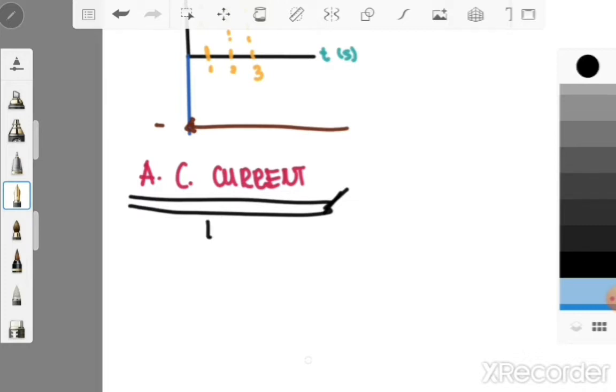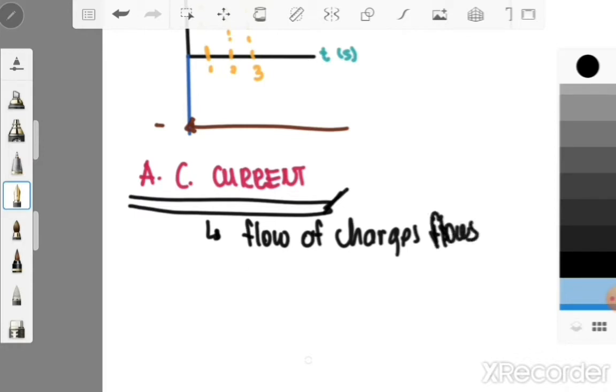The flow of charge changes periodically. It is represented by a sine wave. It flows periodically.